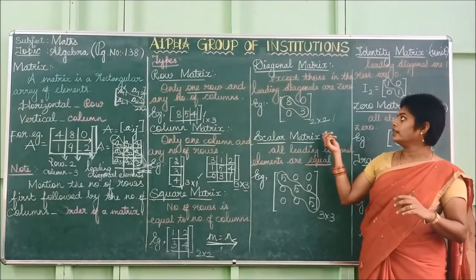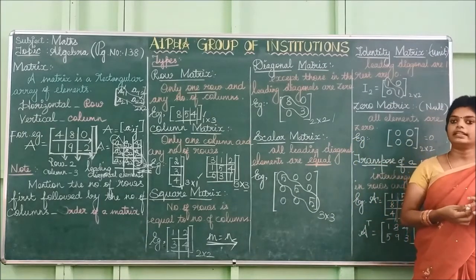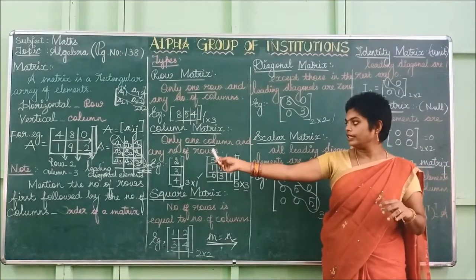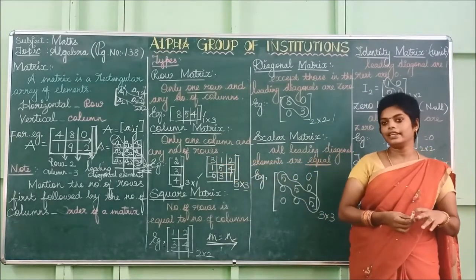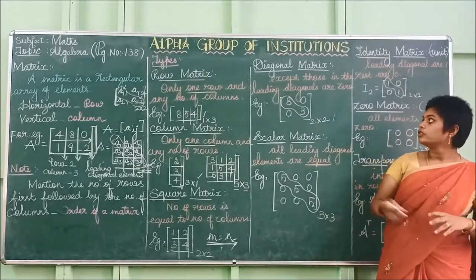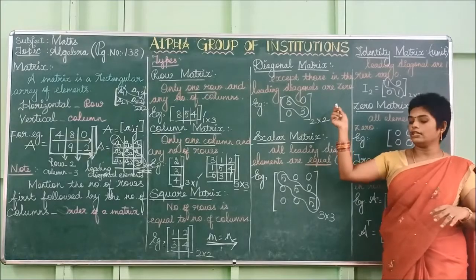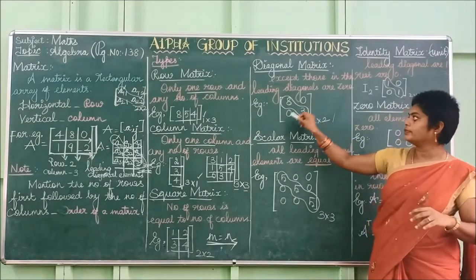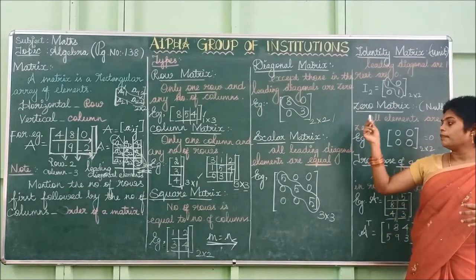Then move on to the diagonal matrix. Before this, you must know the leading diagonal elements. That comes from the general format, where A11, A22, A33 are called the leading diagonal elements. Except for those leading diagonals, the others are 0, and that is called a diagonal matrix.